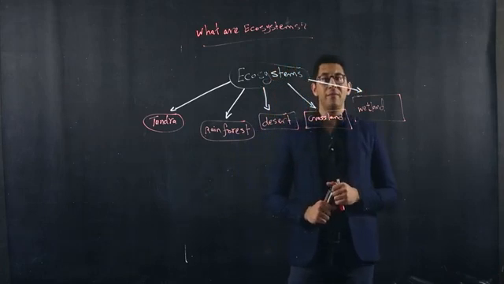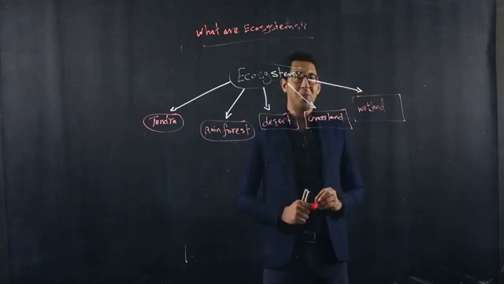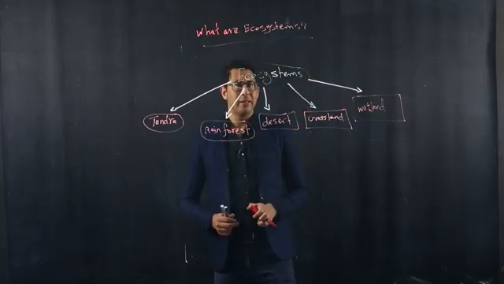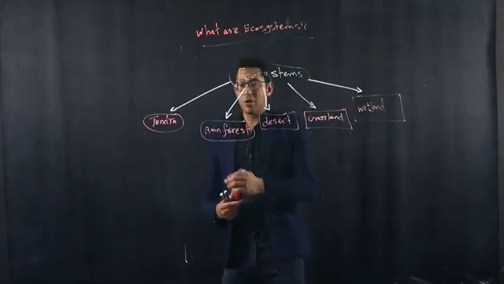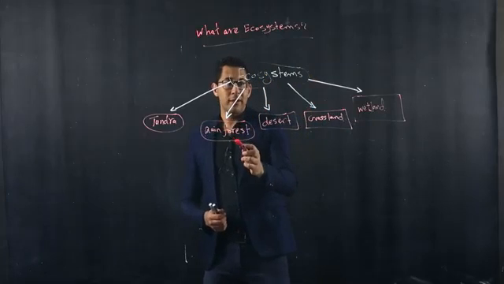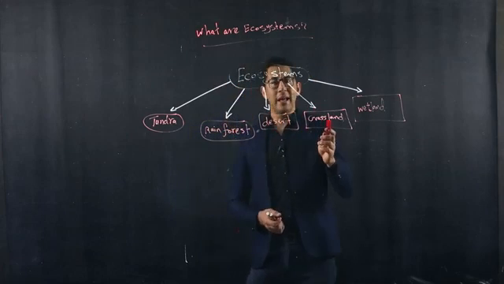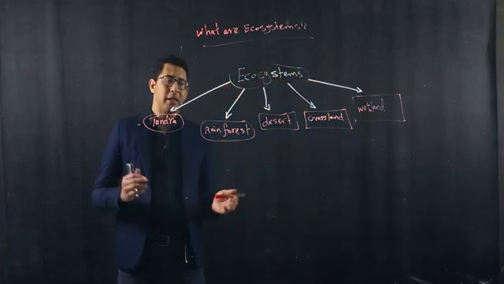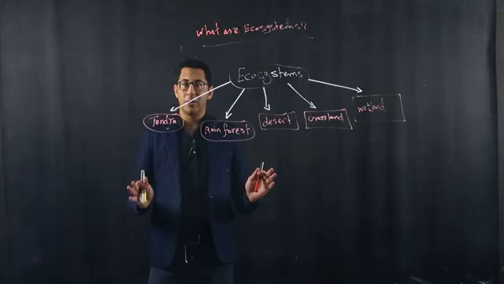Now I have illustrated examples of ecosystems: tundra, rainforest, desert, grassland, and wetland. So now you understand everything about ecosystems, I think.